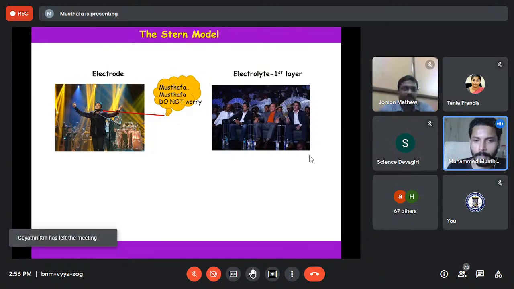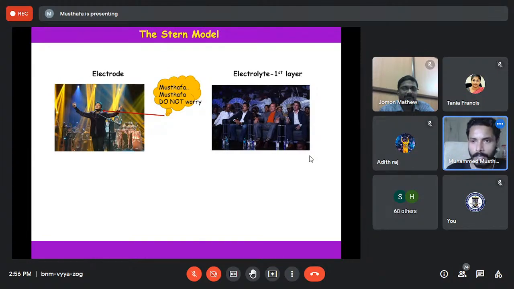All big people will be in the front row, and they will be enjoying the music without much physical movement, because they pay money. They will be enjoying the music, but without much physical movement. Very important.